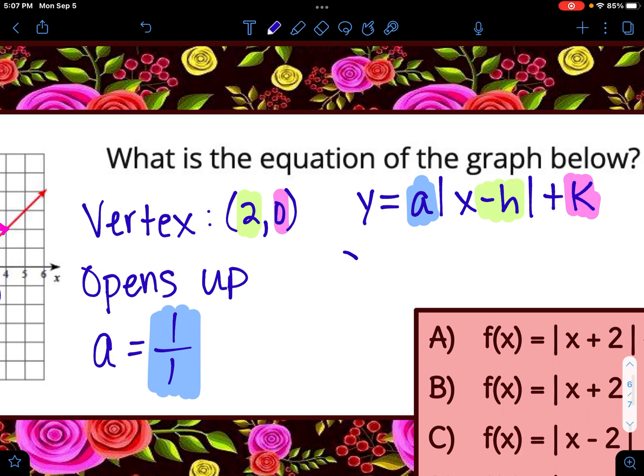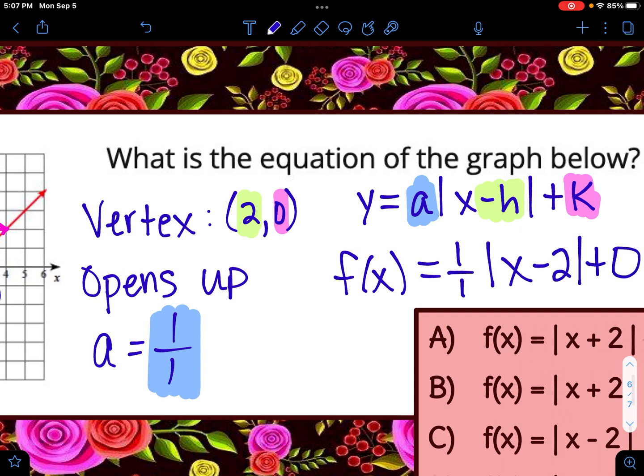So I'm looking for the function, so I changed the sign on 2, so it would be x minus 2 and then plus 0.